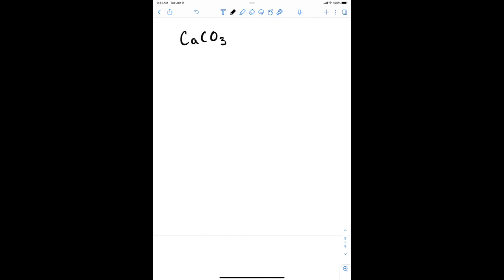When I name my cation, I'm just going to name it as is, so this is calcium. I already told you that CO3 is carbonate, so all I'm going to do is say carbonate.